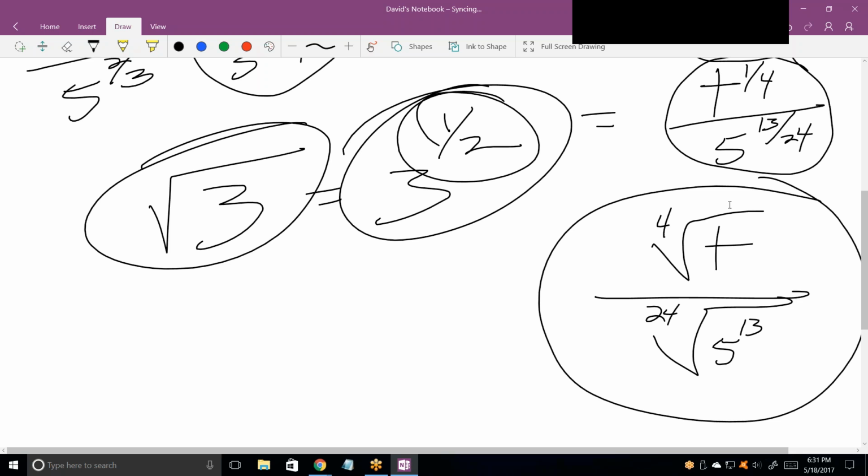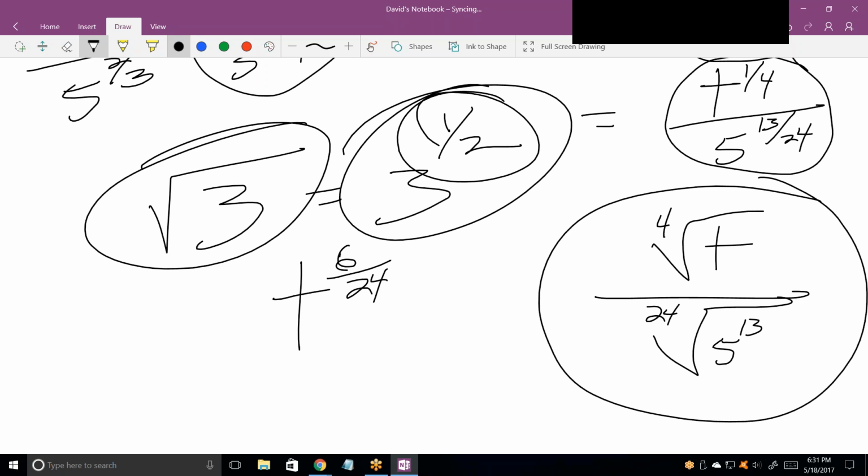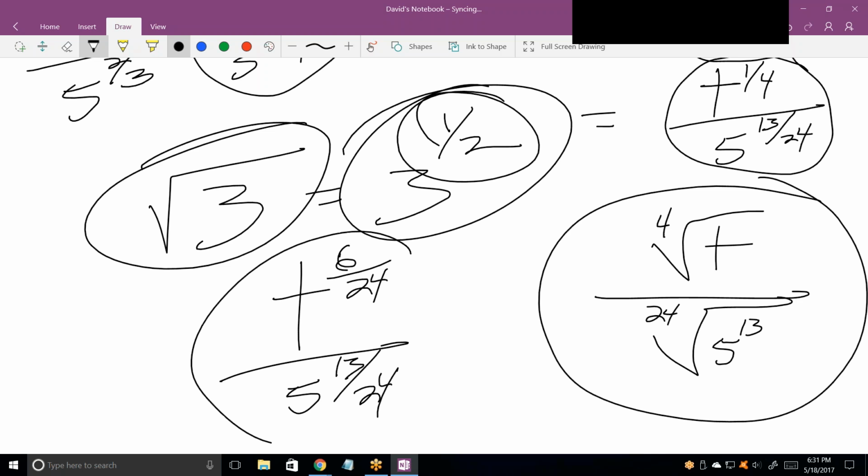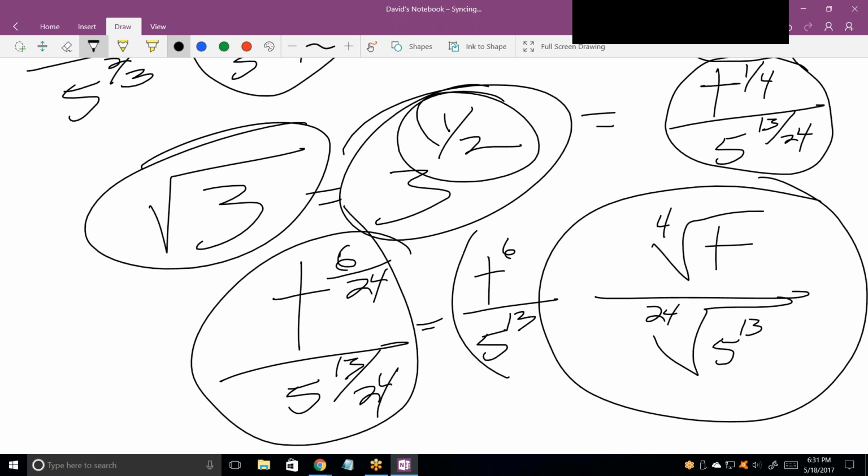Now, there are various forms. If you happen to have it, notice that this is the same as, right? That's the same as what we came up with, which means I could then say that it's t to the 6th over 5 to the 13th, all to the 1/24th power.